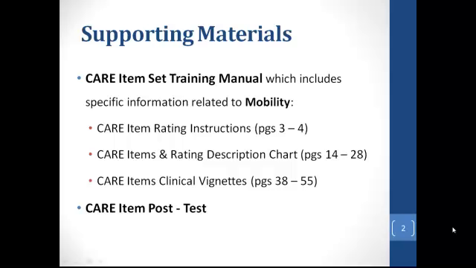At least 2 or 3 clinical vignettes for each CARE mobility item to illustrate how the ratings would be applied in a clinical setting can be found on pages 38 through 55. Finally, you will be required to take the CARE item post-test. This will test your knowledge of the material presented.